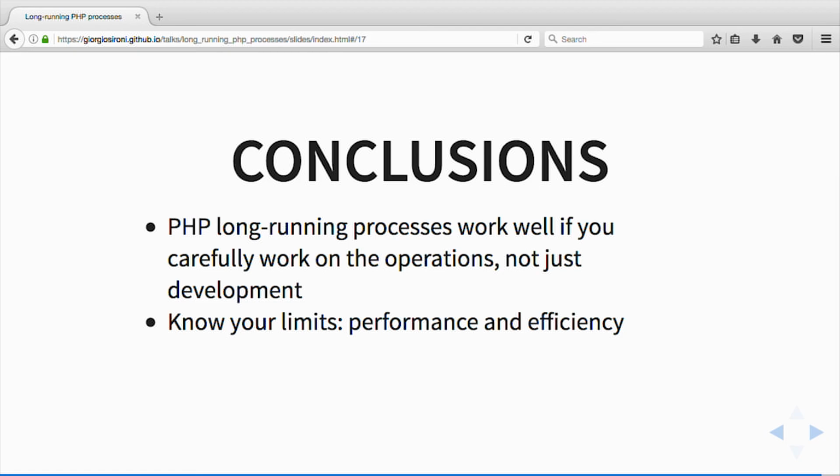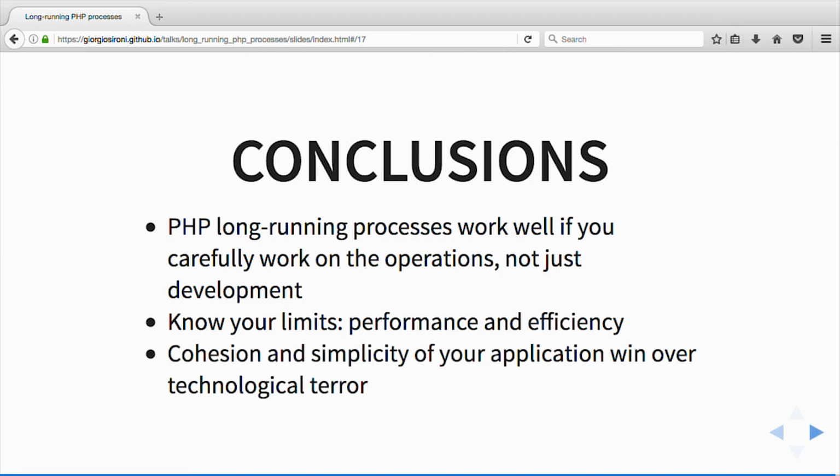You have to know your limits, especially in a language like PHP. You have fundamental performance limits, but you don't want to rewrite it in C to have better performance. You have fundamental efficiency limits on the number of different processes that you can run for megabytes of RAM, for example, because of all the memory that gets replicated between processes in PHP. There are limits, but you have to know them. You can work around them by scaling horizontally, usually.